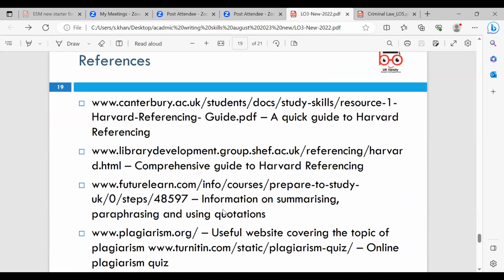Has anyone got any questions? We've done learning outcomes 1 and 2, and today was learning outcome 3. Tomorrow is the assignment session, but I'm going to give you an overview of learning outcomes 1 and 2, and briefly what we've done today, so you've got a better idea of doing your assignment.